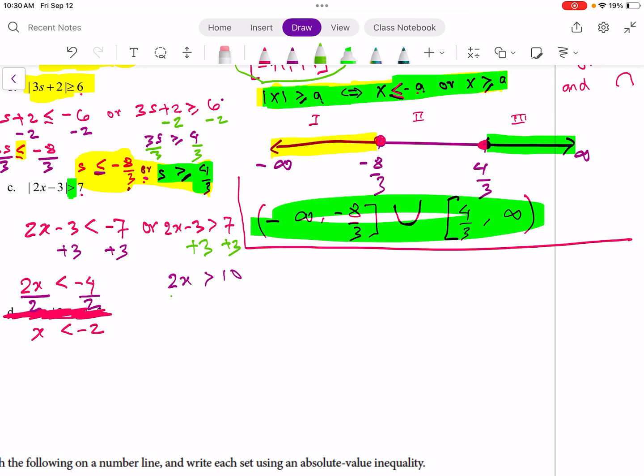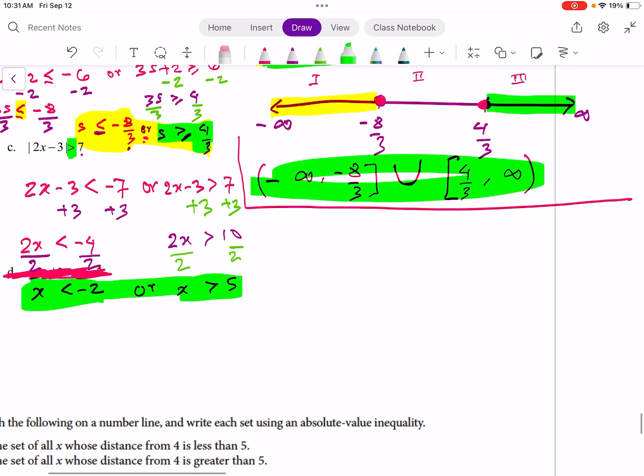Then divide by 2 on both sides. So our x is greater than 5. And do not forget or. So this is the solution. What is the solution? Every number less than -2 or every number greater than 5 is a solution. So if x is less than -2 or x is greater than 5, then those numbers are solutions.